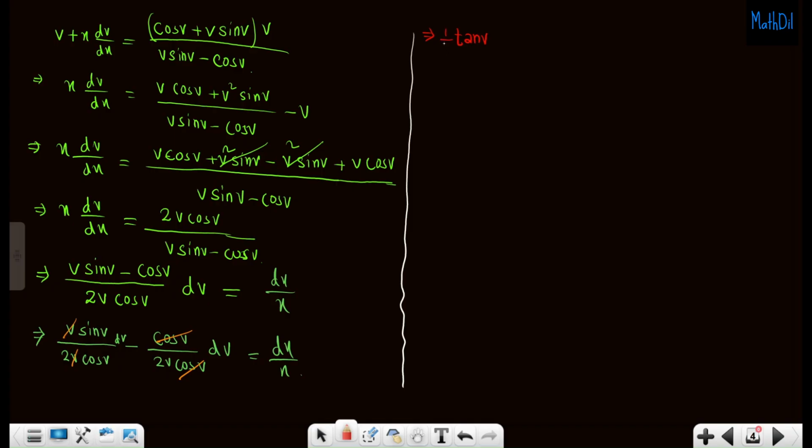So it will be 1 by 2 tan v dv minus, what is here? 1 by 2, and v is in the denominator, right? So it will be 1 by 2v dv, right? And it will be equal to this term, so this is dx by x. Now we can integrate, right?